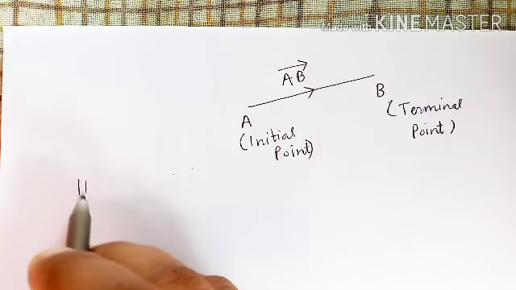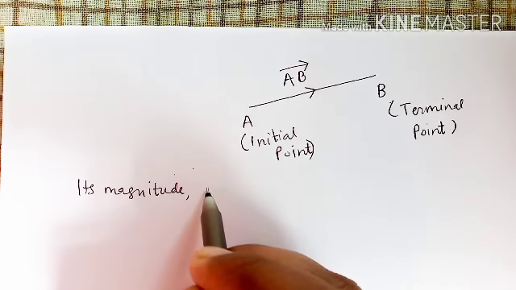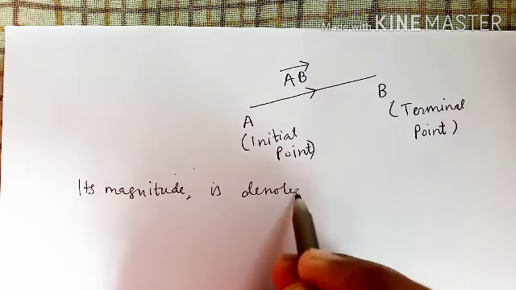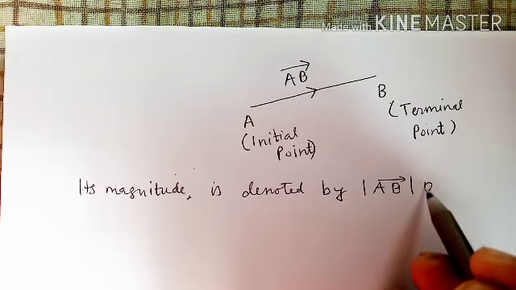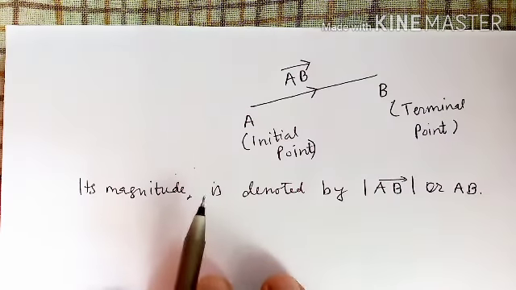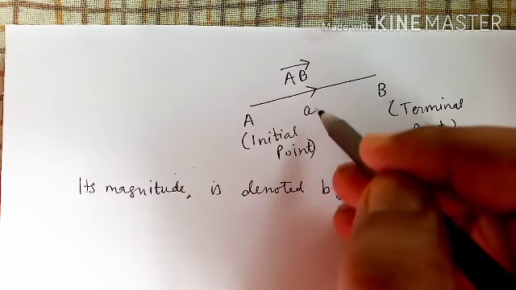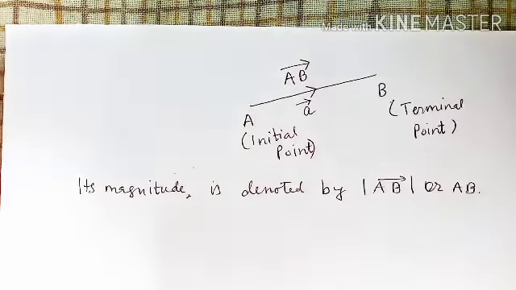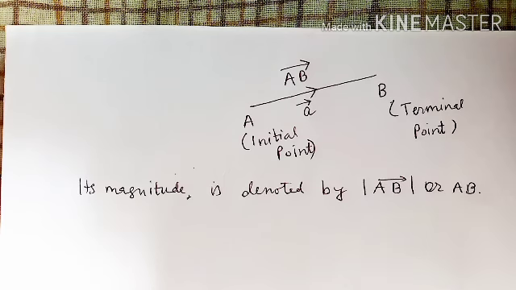Its magnitude is denoted by magnitude of vector AB or only AB. Magnitude represents here its length. It can also be represented by only a small letter a and arrow above it. Arrowhead is used to specify the direction of the vector.